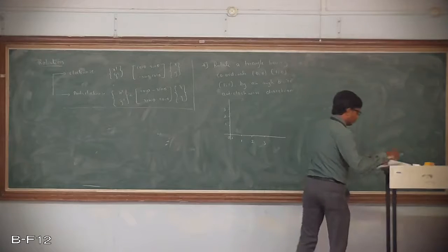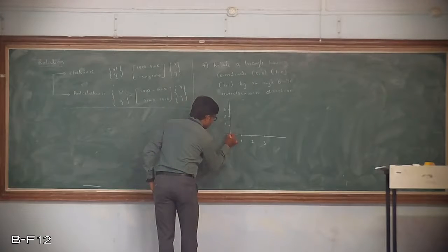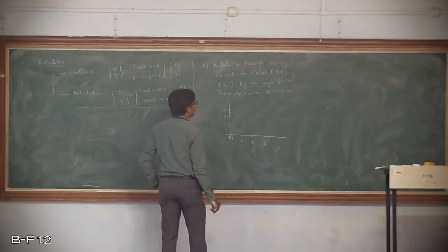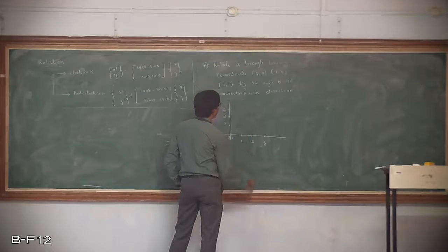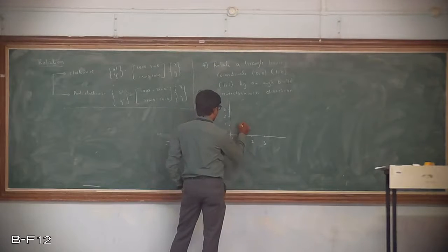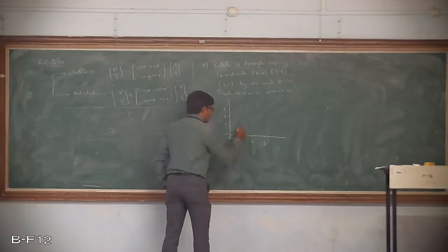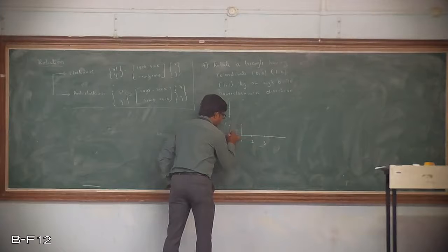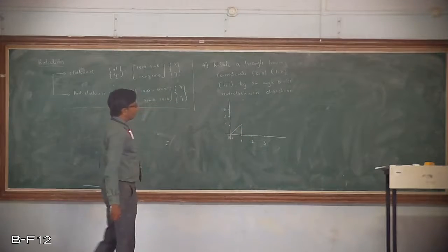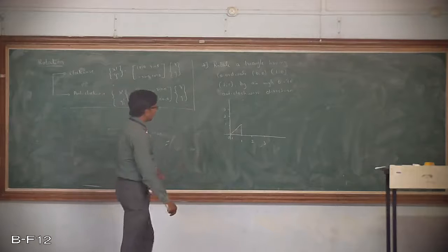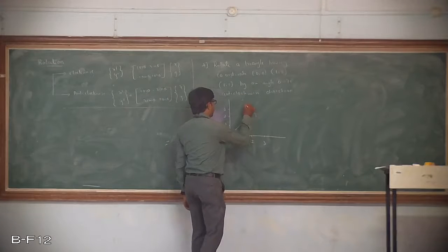So first point is at the origin. The second is at 1, 0. The third point is 1, 1. Okay, so if I draw a triangle, it looks like this. This is the triangle which we can see here.